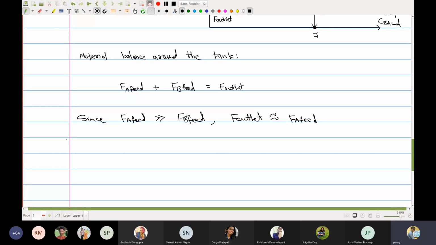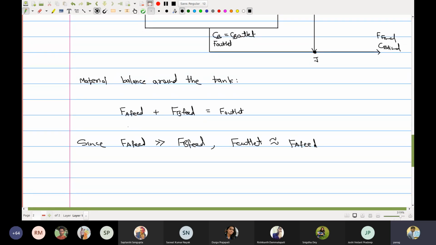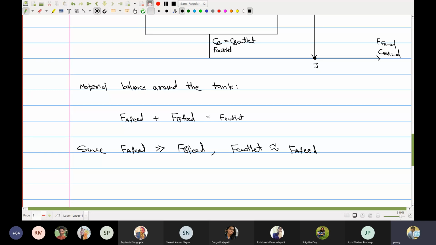And again, I can also make an overall material balance. So let me write the material balance at the junction J. What would be the balance?